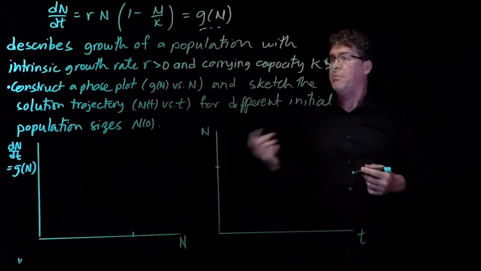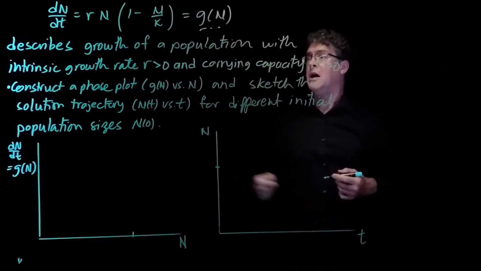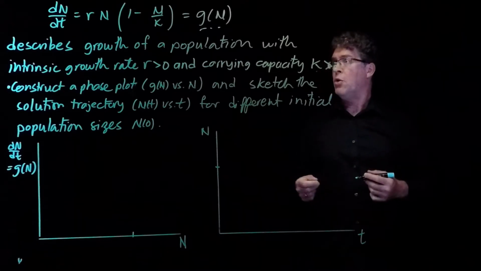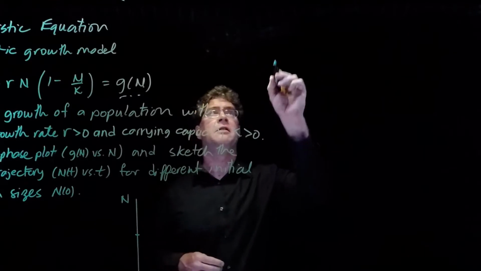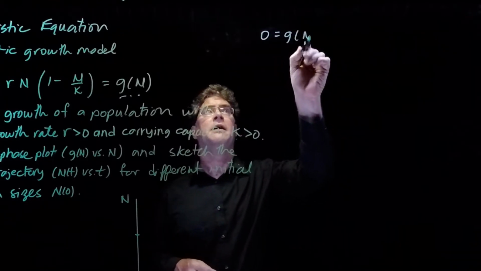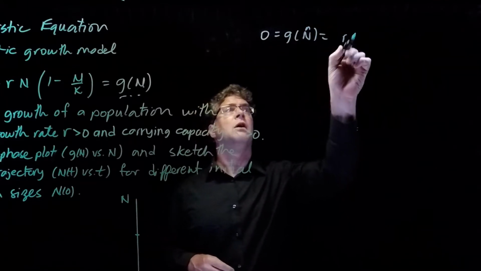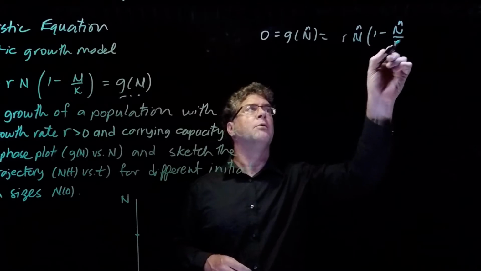Okay, let's start off by sketching out the phase plot. And so we want to know what g(N) looks like. The first thing we can do is calculate the equilibria. So 0 is equal to g(N hat) is equal to r N hat (1 minus N hat over K).